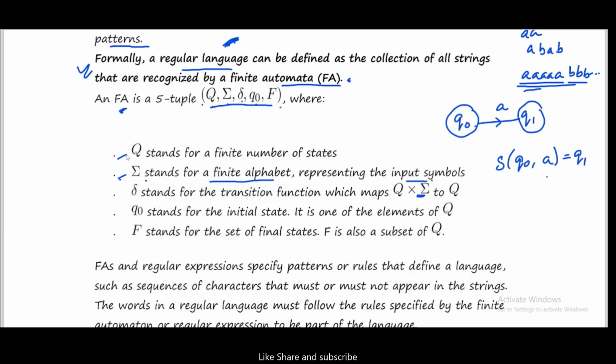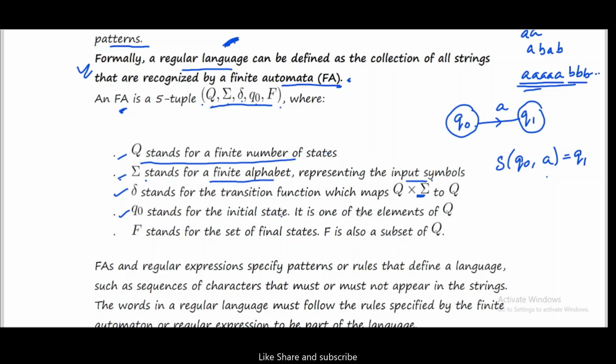Q stands for the finite number of states, meaning it will contain all the states we have in our machine or in our finite automata. Then there is a transition function, and Q naught stands for the initial state.